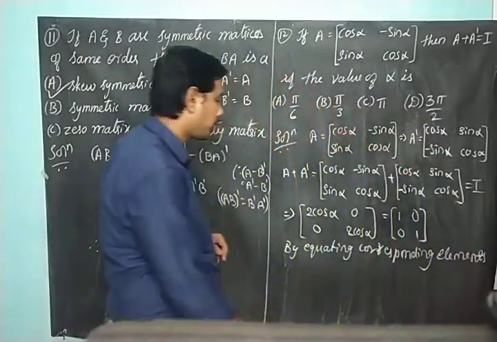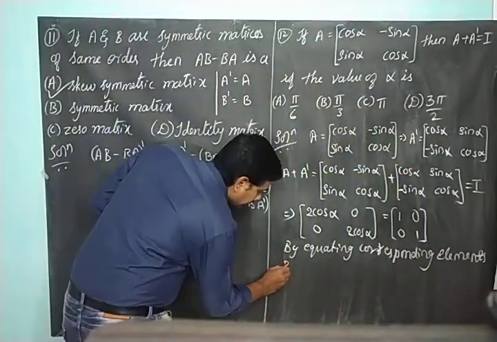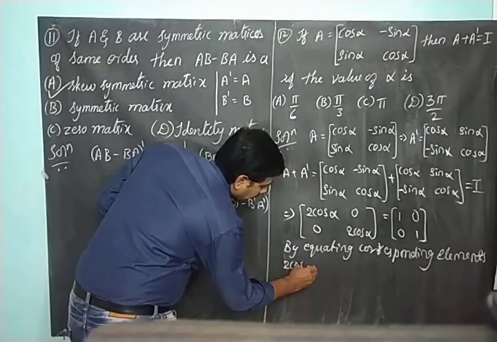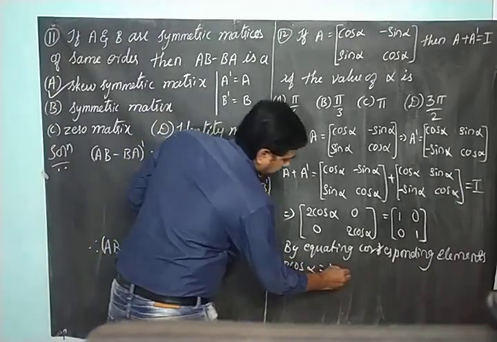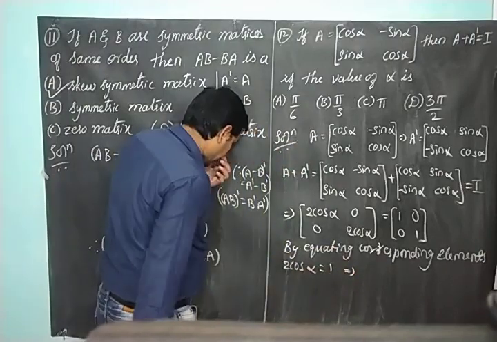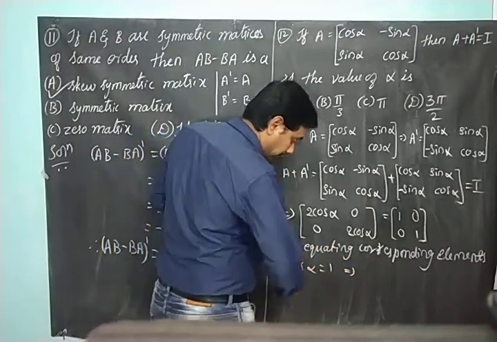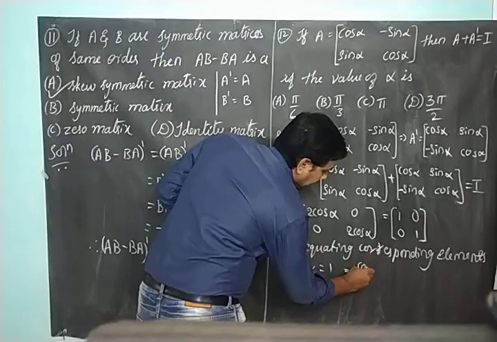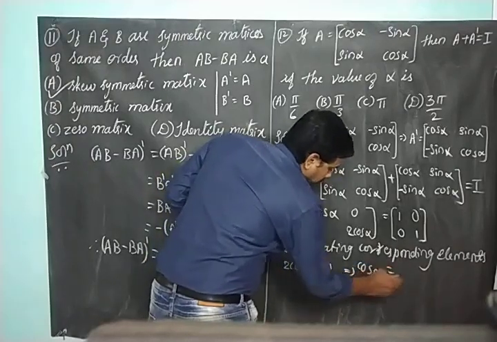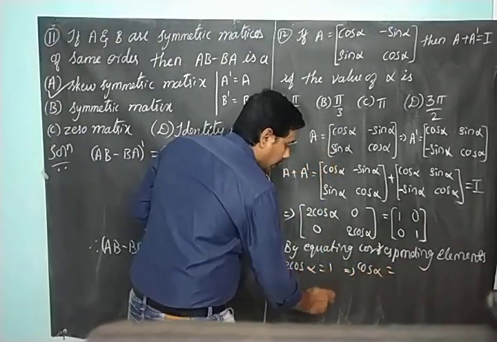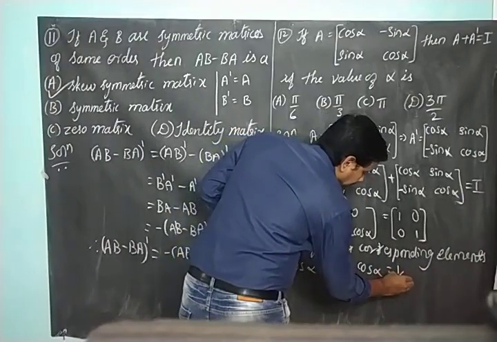If I take 2 to the other side, the value of cos alpha will be 1 by 2.